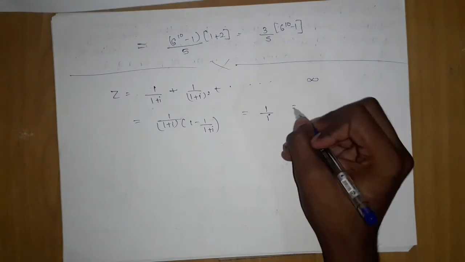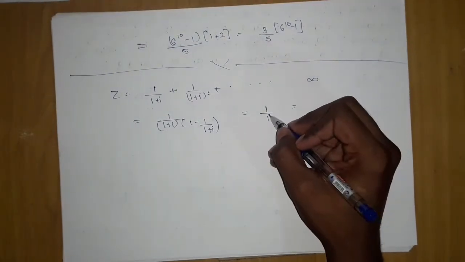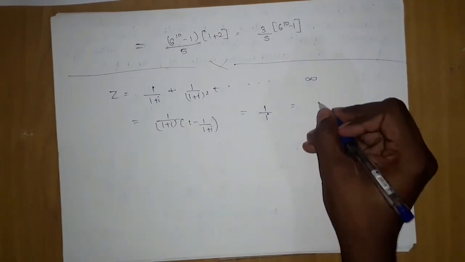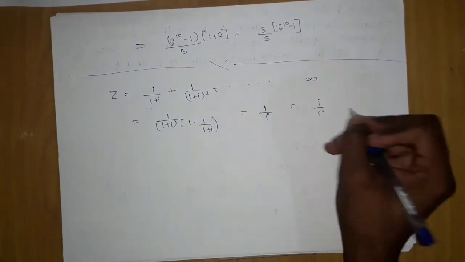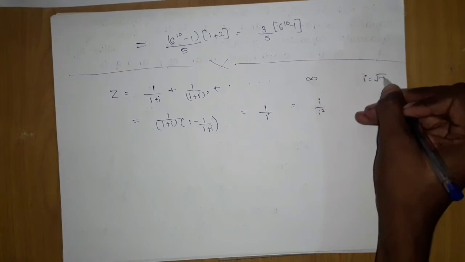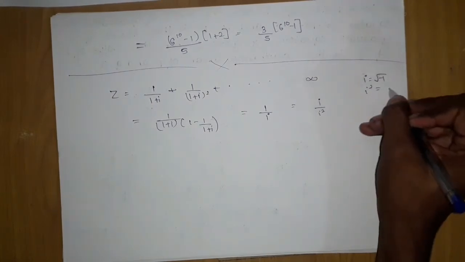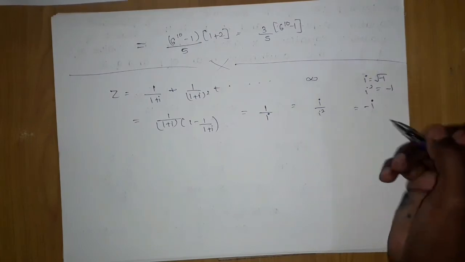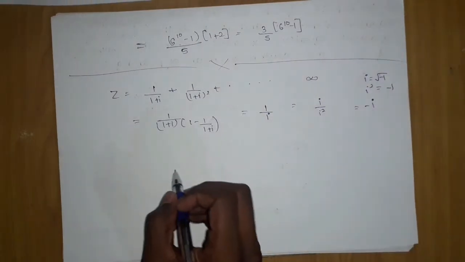When iota appears, you can multiply and divide by iota, which gives me iota upon iota square. Iota is nothing but under root minus 1, so iota square will be minus 1. So this will be nothing but minus iota. After doing this we got the z also.